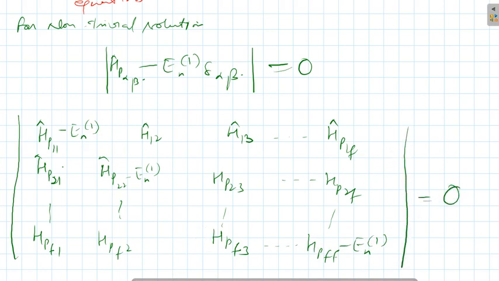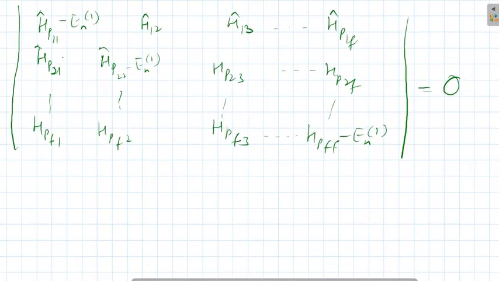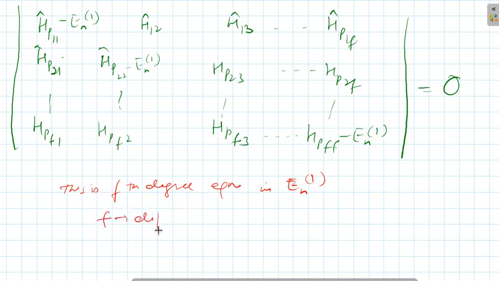So this is an Fth degree equation in En1, and it must have F different roots for En1, or En alpha 1, whatever you want to call, because alpha is equal to beta for diagonal terms, right?